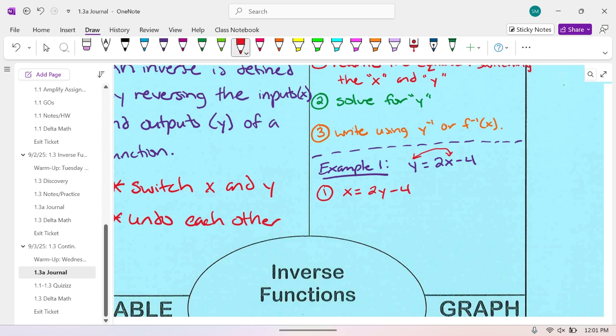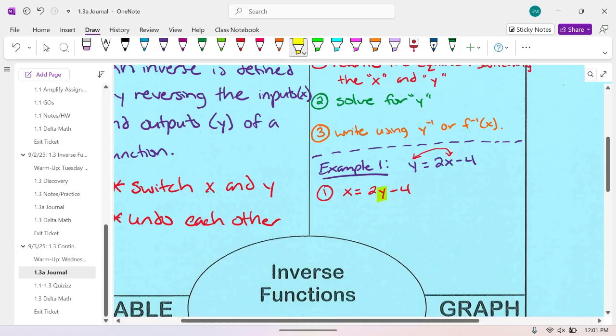Now, we are then going to solve for y. All right. Now, that sounds like it's just one step. You solve for y. That could take 2 to 3 steps at least, the actual solving process. So, how I explained this earlier today is think order of operations. All right. So, PEMDAS.